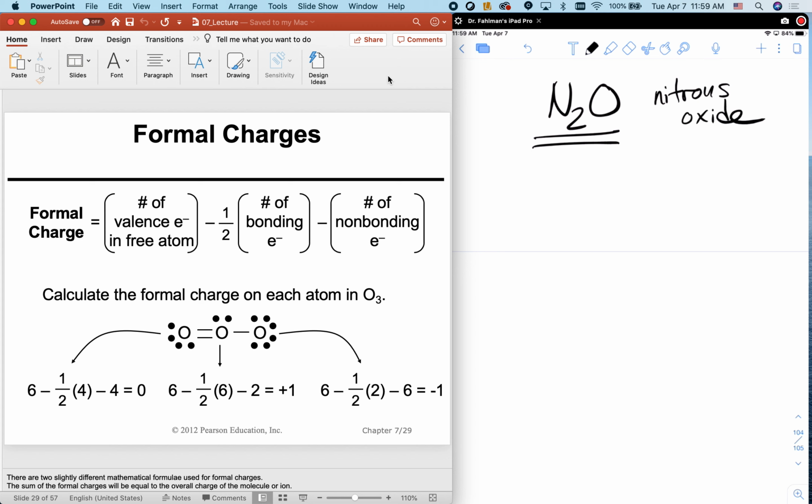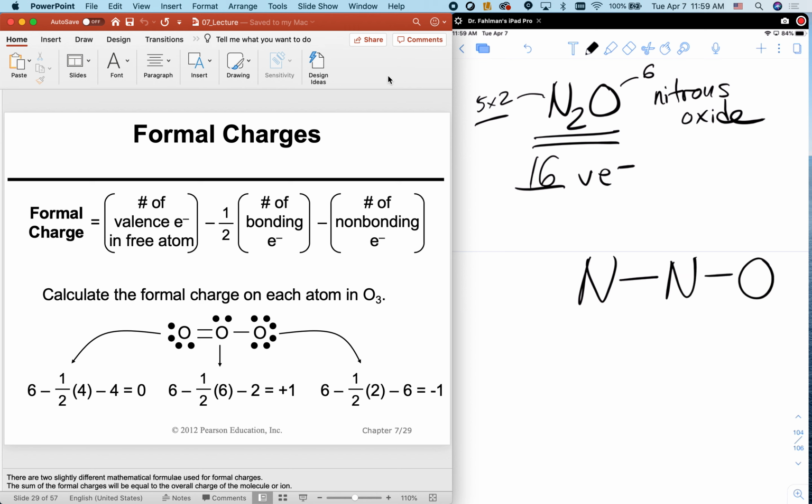Okay. And so if you look at the number of valence electrons, you will have 10 from the nitrogens and then another 6. So you've got 16 valence electrons. Okay, so that's how you would put these together.